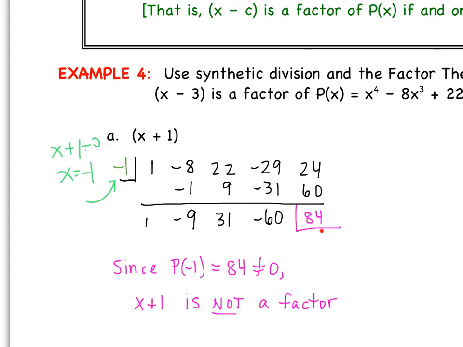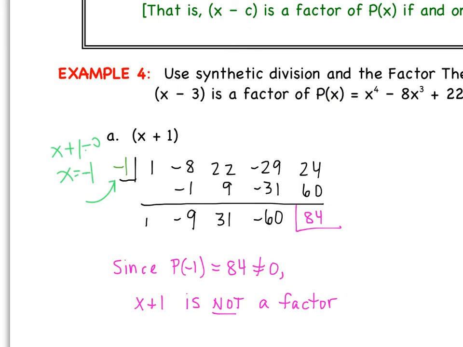Well, what's our conclusion? Well, since p of -1 equals 84, which is not equal to 0, we can make the conclusion that x plus 1 is not a factor of that polynomial p of x.